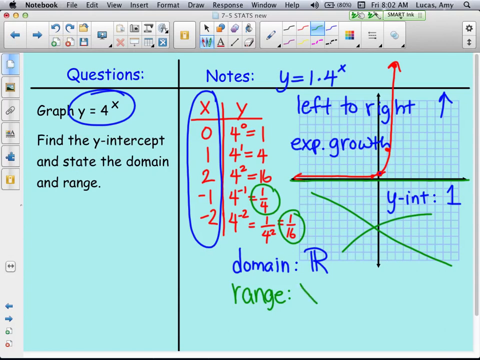So y has to be greater than 0. That entire graph is in quadrants 1 and 2, so the values for y have to be positive. We cannot get a negative value. So my intercept is 1, domain, anything, all real numbers, range, y is greater than 0.